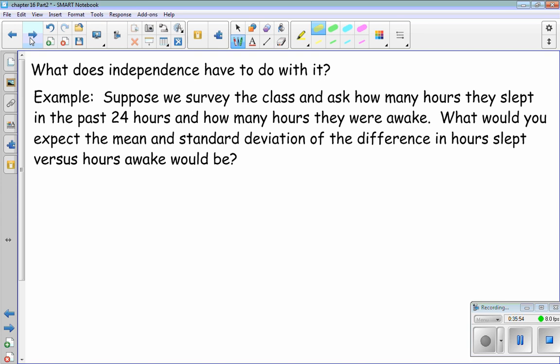Okay, so read. The number of hours I'm awake versus the number of hours that I'm asleep are dependent on each other. We all got that part. Well, what would the mean of the difference be? It'd be 0. And the standard deviation, the spread, would also be 0. So it's uncomfortable. We can't do any of this combining of random variables that Devin's suggesting. Can't do any of that stuff when we have dependent events.